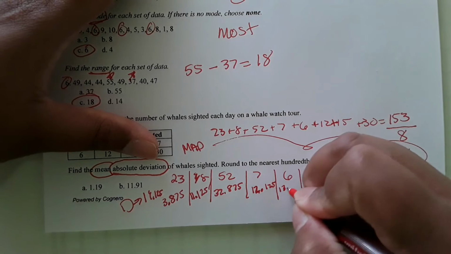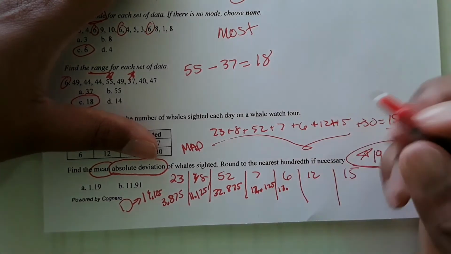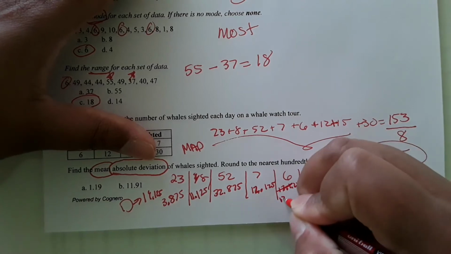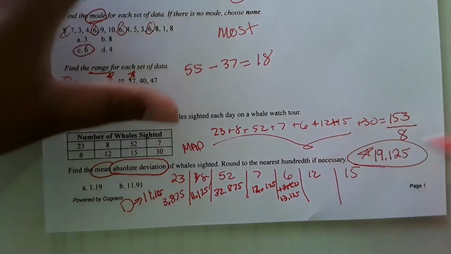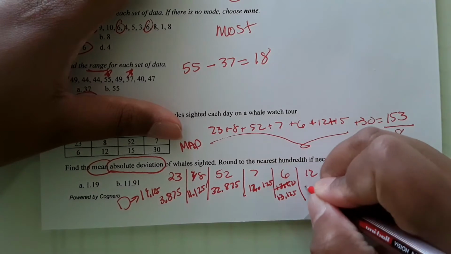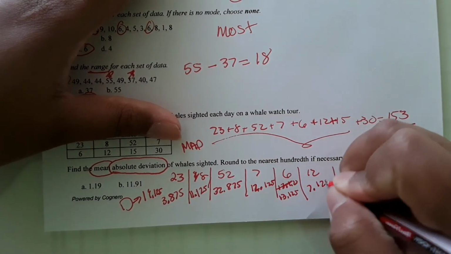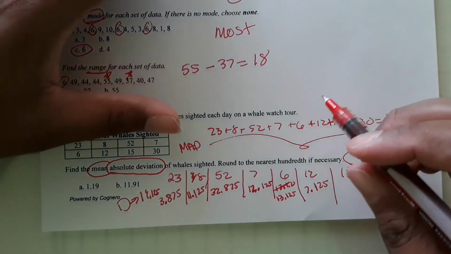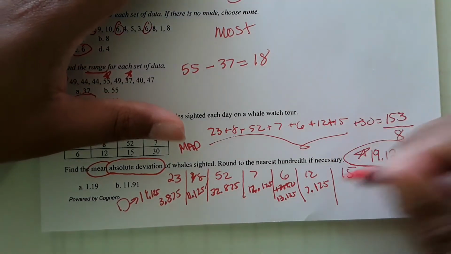You would have got 13 and 125 thousandths. For 12, you would have gotten 7 and 125 thousandths. Again, absolute value, so it's positive because it's a measure of distance.